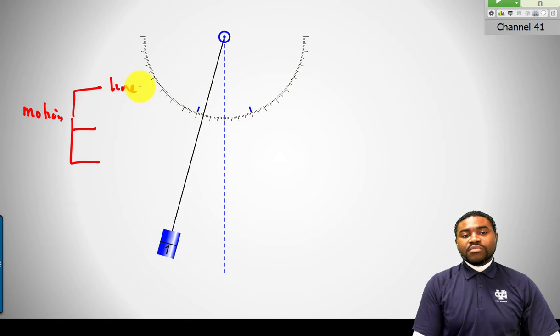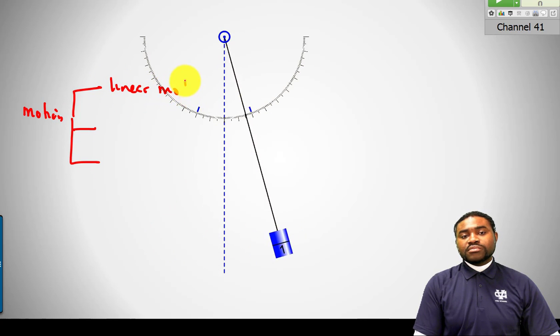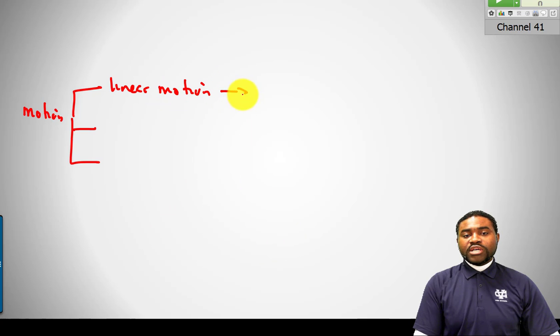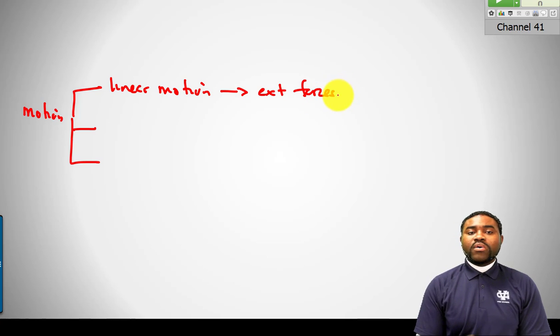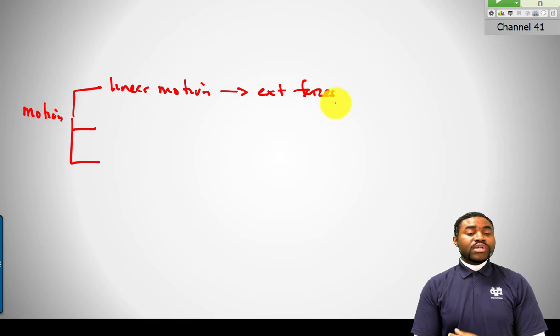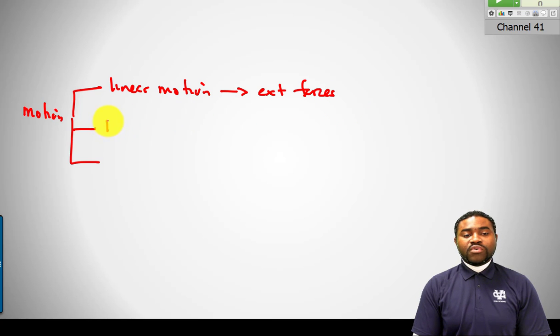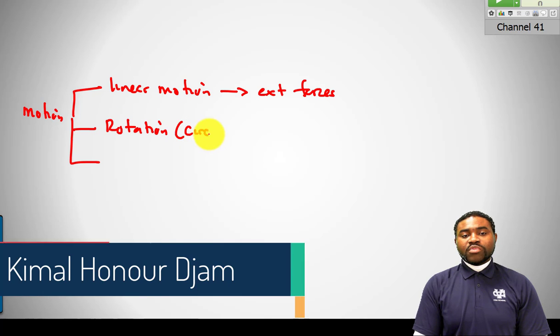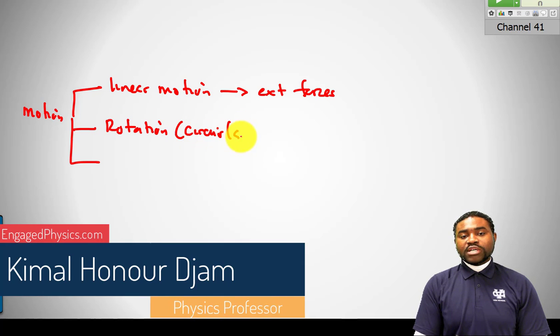Now, if you reflect back carefully, you will see that motion can be categorized basically into three. Now you have linear motion, which basically is due to external forces impressed on a given system, and the motion can be explained from Newton's three laws of motion. You have what we call rotation, in which circular motion is embodied as well.